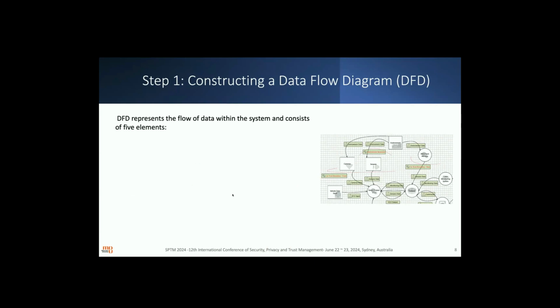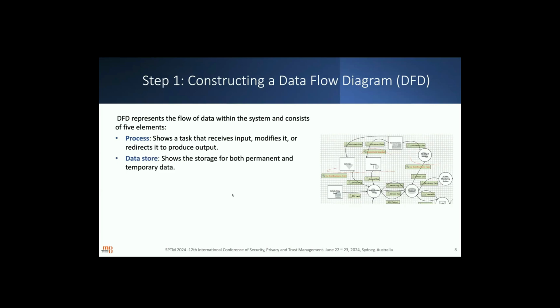Step one, making a data flow diagram. A DFD shows how data moves through our system. It has 5 elements. Process: these are tasks that take in data, do something with it, and give out a result. Data store: stores both temporary and permanent data for the system.